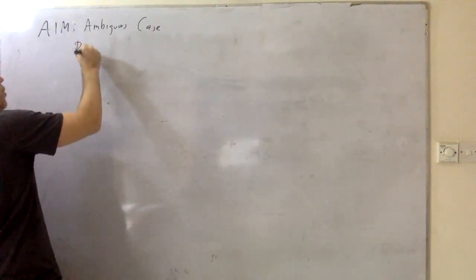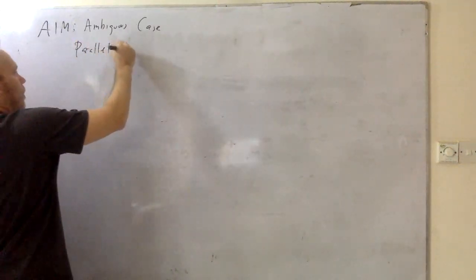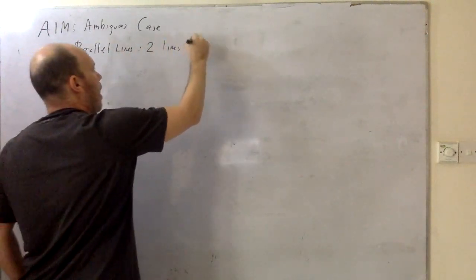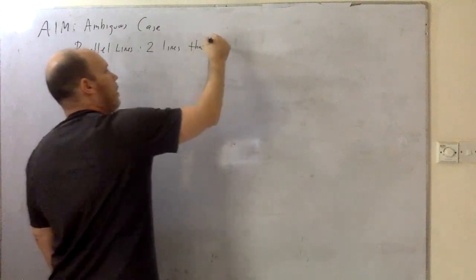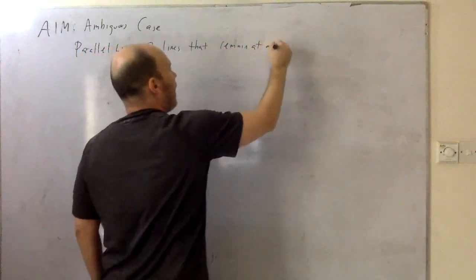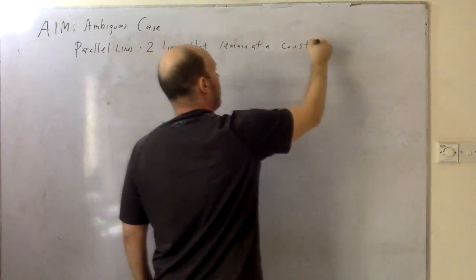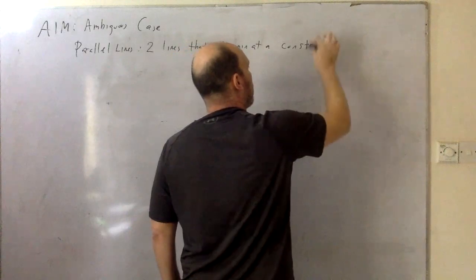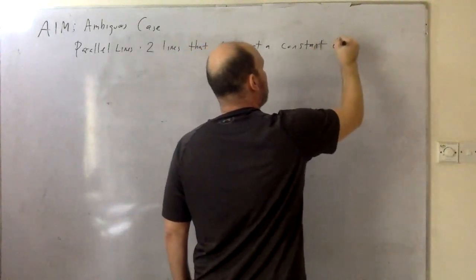Parallel lines, two lines that remain at a constant distance.